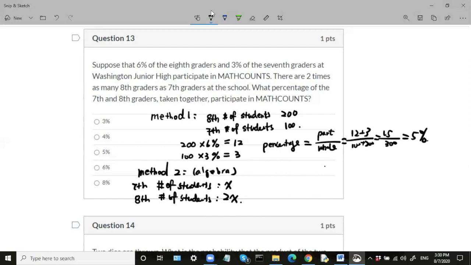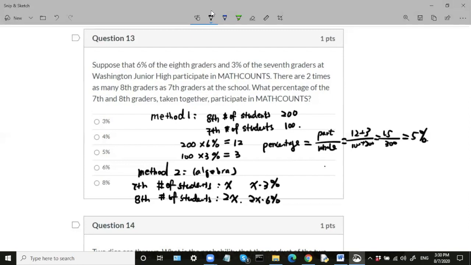How many 7th grade students participate in Mathcounts? X times 3%. How many 8th grade students participate? 2X times 6%.